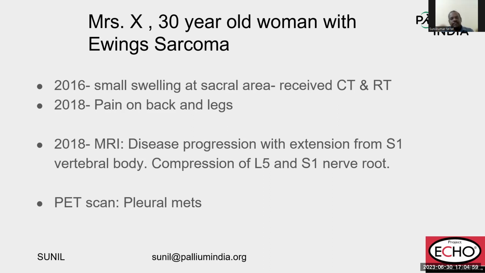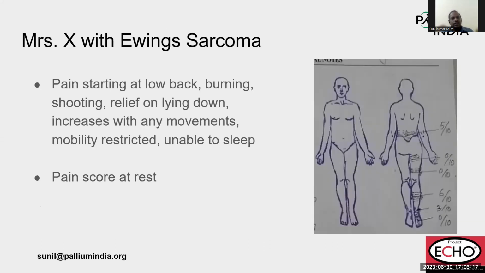And it showed that there is disease progression with extension from S1 vertebral body. And in addition, there is a compression of L5 and S1 nerve root. PET scan showed she has pleural metastasis. So this is the pain she is describing.